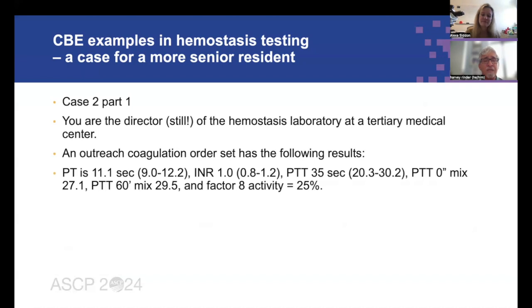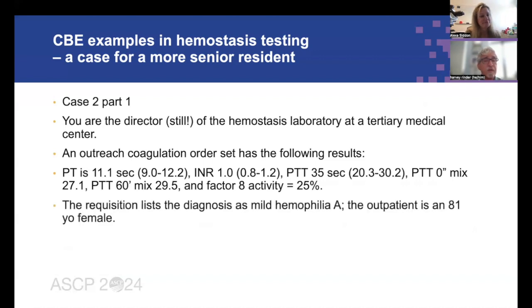The PTT is very slightly prolonged, maybe 5 seconds above the reference range. The PTT mix at 0 corrects, as does the incubation at 60 minutes, but the factor 8 activity is 25%. The requisition lists the diagnosis as mild hemophilia A.